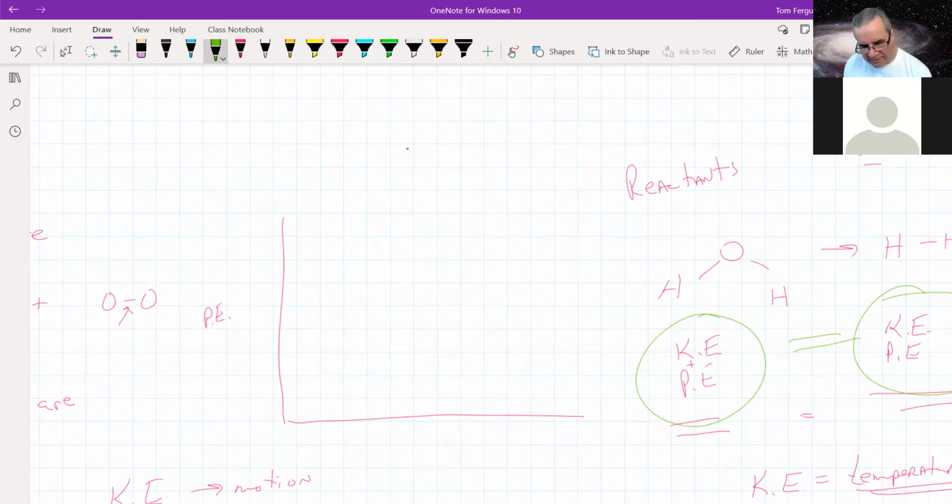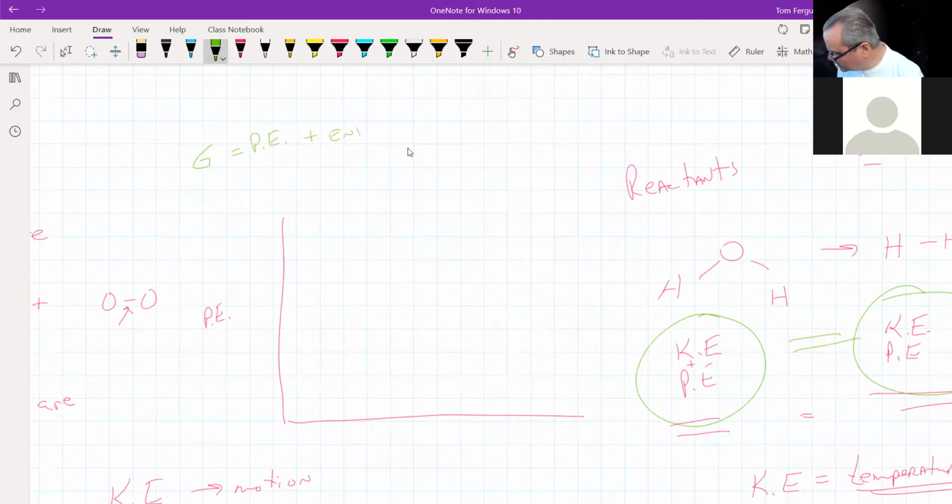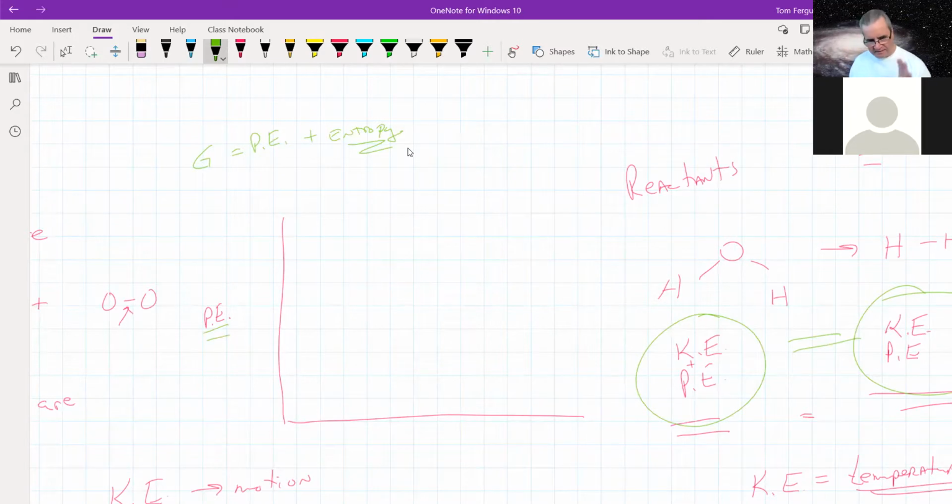Usually when these graphs are done, they always graph something called G. And G is potential energy plus entropy. And the entropy takes into account some randomness factors. But we're going to talk about just potential energy for now because it's an easier concept to understand.